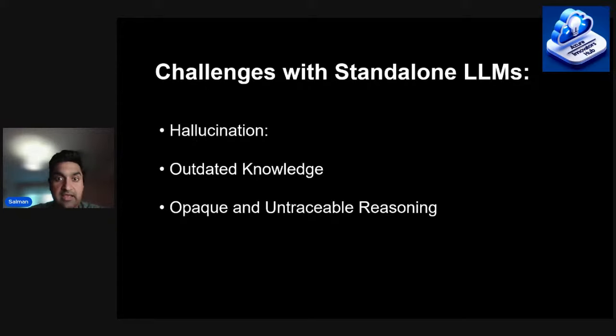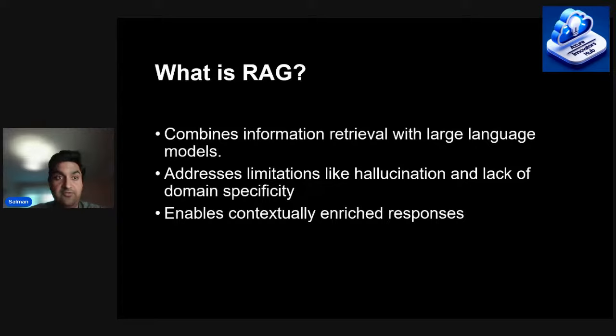With these challenges in place, how do we solve these problems? A RAG system gives you a very nice framework to resolve them. RAG combines information retrieval, which is a science on its own, with generation from large language models.